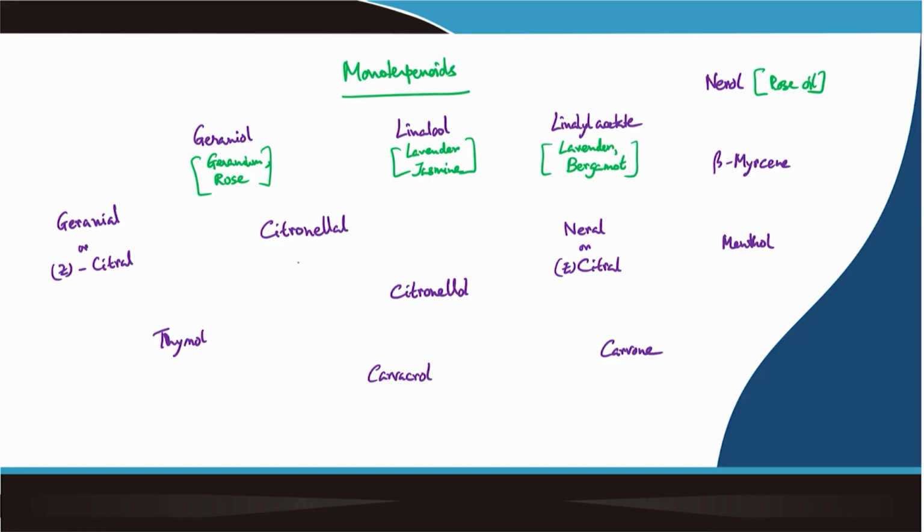Citronellol you find in rose oil, and also in the oil of scented geranium.